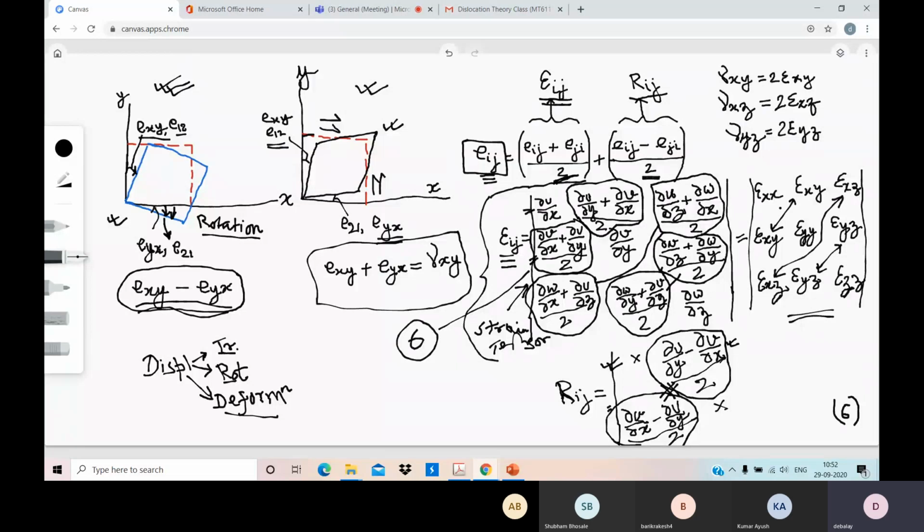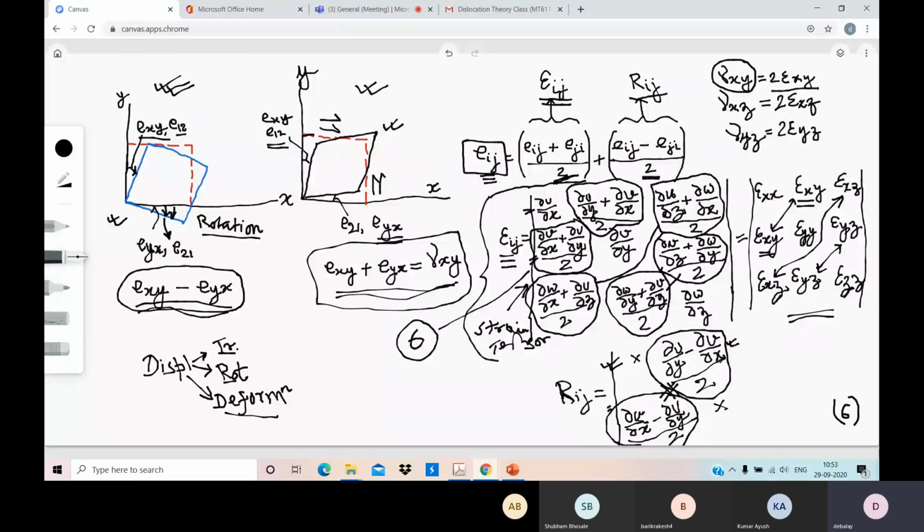And often in place of this xy shear strain, the term gamma is used. So instead of epsilon xy, often it is represented by gamma xy, where gamma xy basically represents the total angular change on the plane. So gamma xy equal to 2 into epsilon xy equal to 2 into epsilon yx, because xy and yx are the same.